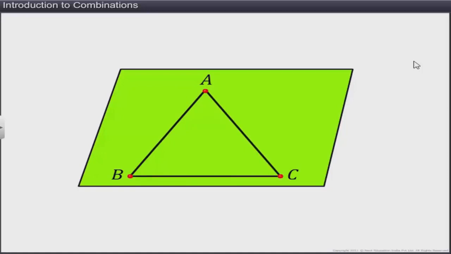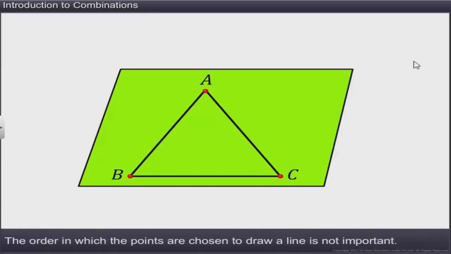Though a straight line can be drawn from B to A, it is considered equivalent to the straight line from A to B. It implies that AB and BA are equal. Here, we can observe that the order in which the points are chosen to draw a line is not important.